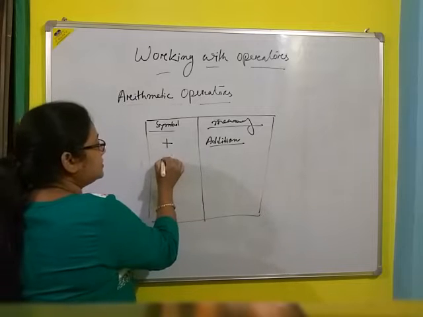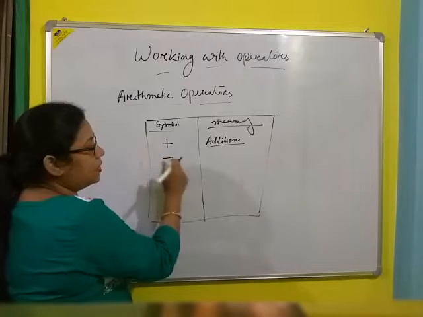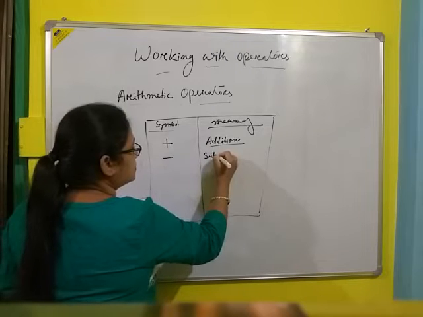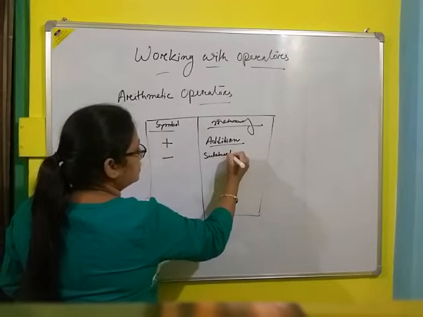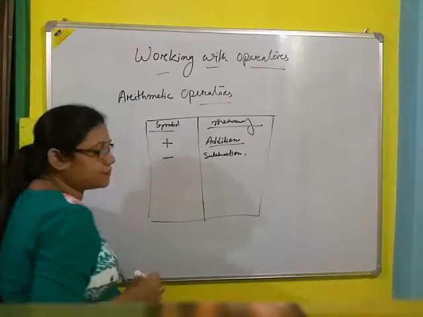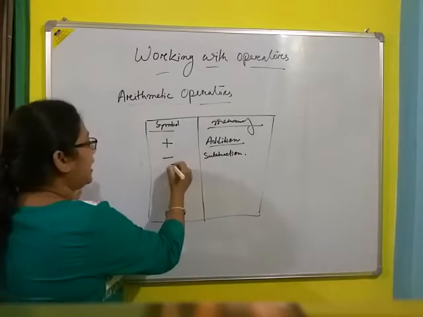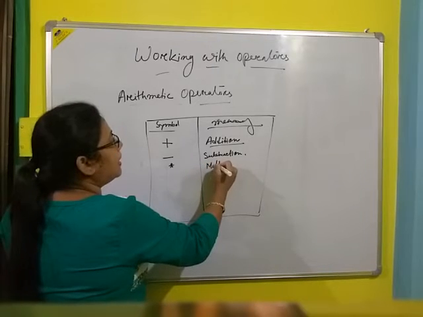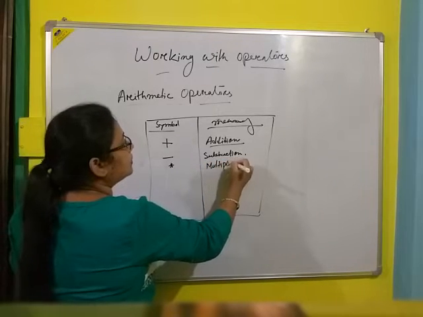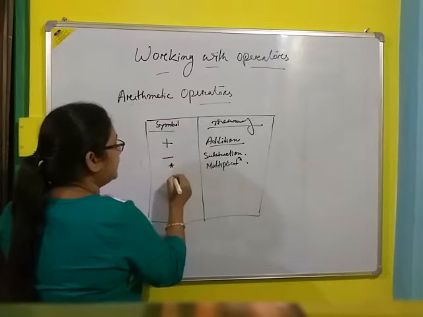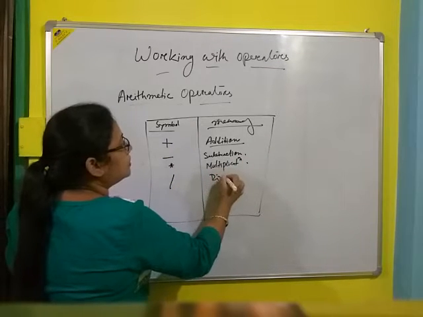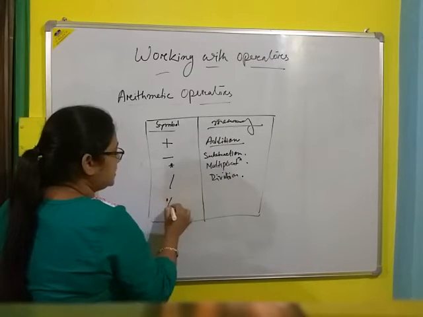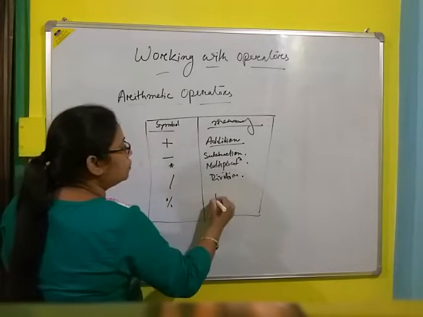The next symbol is used for subtraction. And this symbol is used for multiplication. And this is for division. Okay. And this is for modulus.